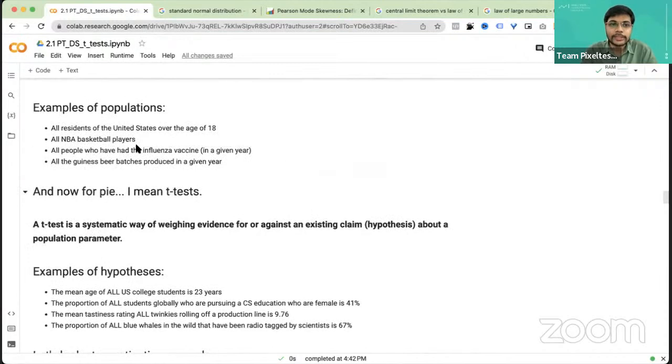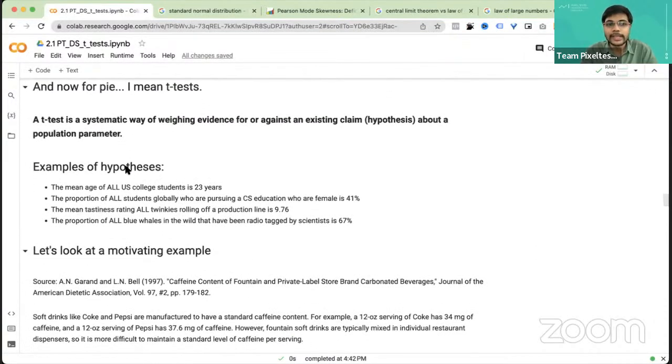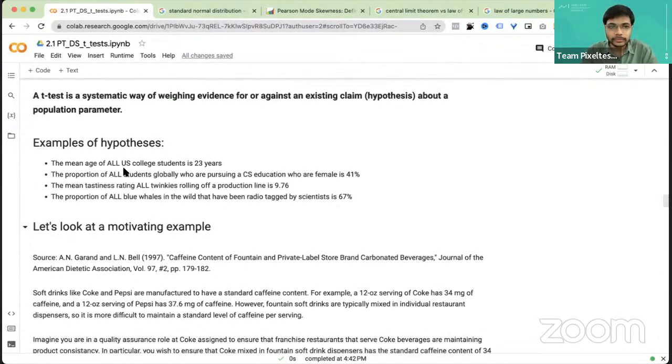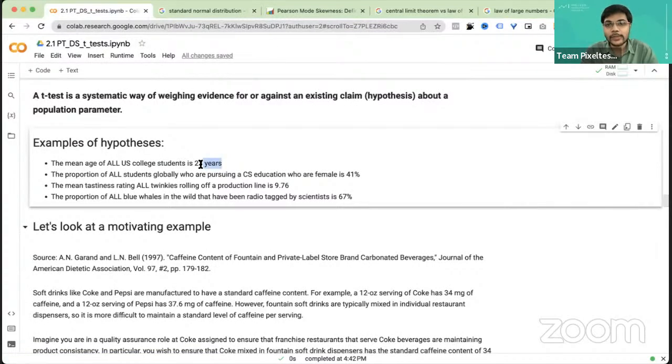So now, if this is the larger population, what is a hypothesis? The mean age of all US college students is 23. Let's say this could be either true or false. Now this is a hypothesis. You can make any hypothesis like that. A hypothesis is nothing but your initial assumption before you do a test.